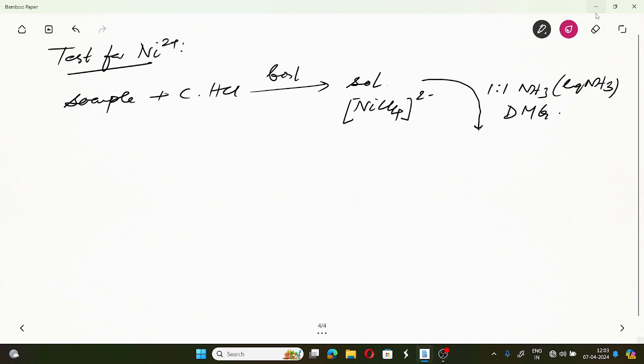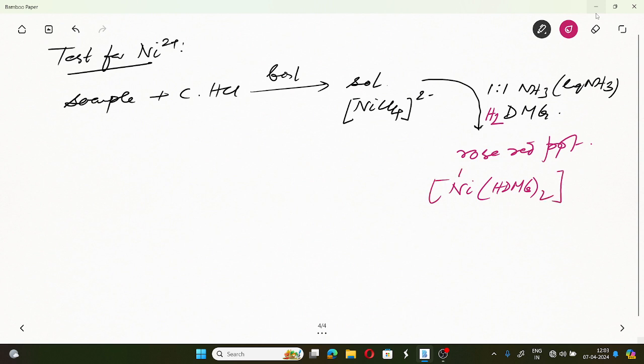What will you get? You'll get a rose red precipitate. You already know this. This is H2DMG actually. So the rose red precipitate is of Ni(HDMG)2.